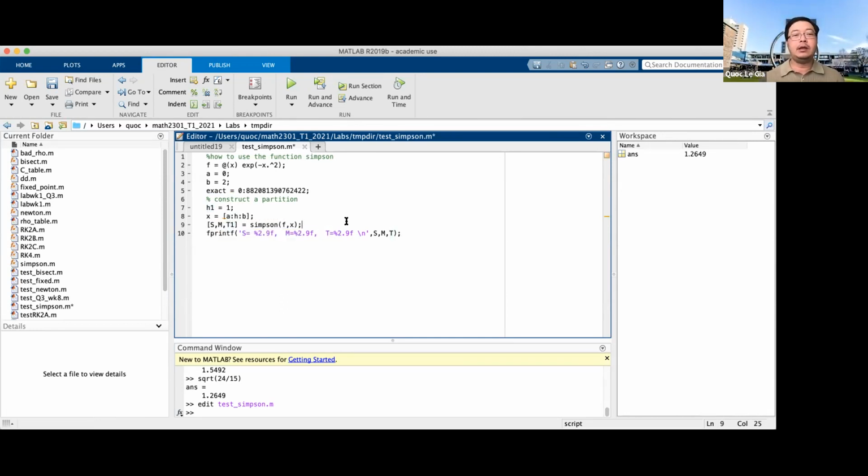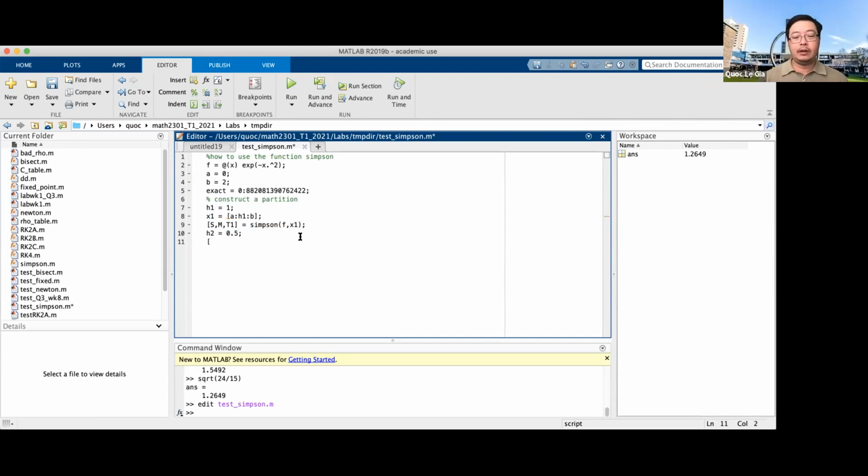You compute the rule with the first partition, and you get x1 here; we don't have to print it out. After that, you reduce h1 by half, so h2 is 0.5, which gives 4 subintervals.